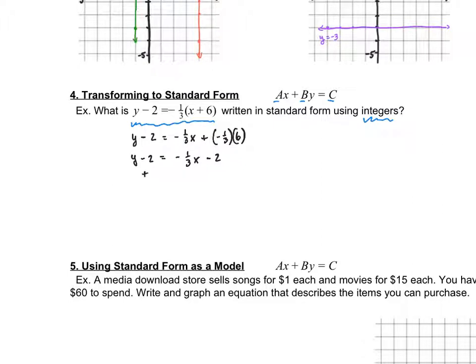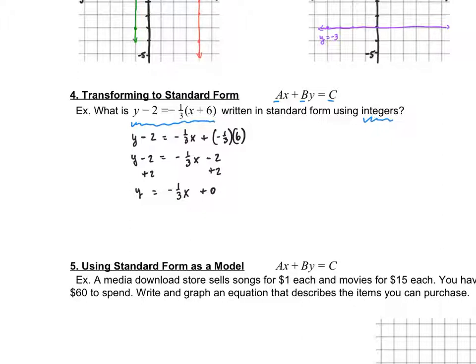Go ahead and combine like terms. I'm going to add 2 to both sides, and I'm going to have y is equal to -1/3 x plus 0, or if it's 0, we don't have to do anything with that. Or I guess I should leave it there, huh?